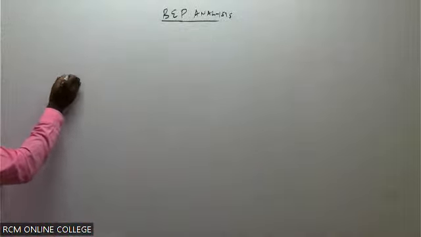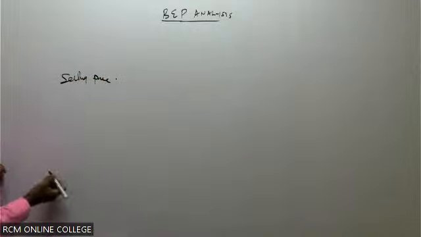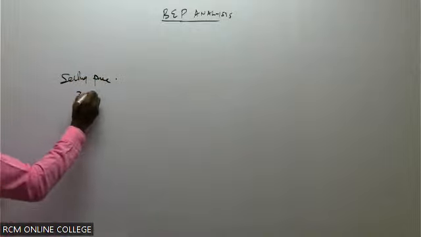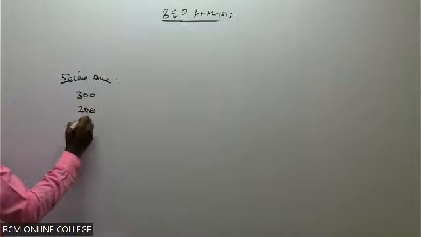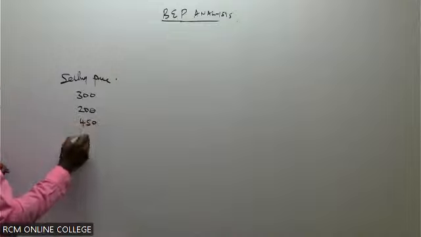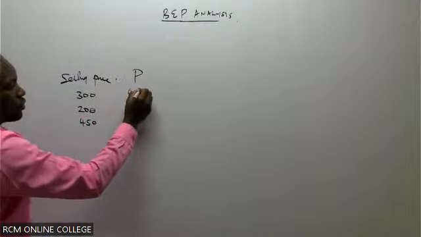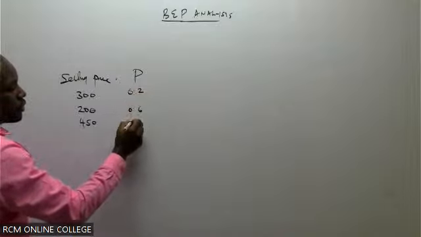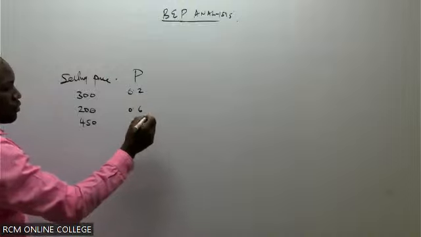I've been given selling price. So I have 300, I have 200, then I have 450. Here, the probability that I've been given is 0.2, 0.6, 0.2.